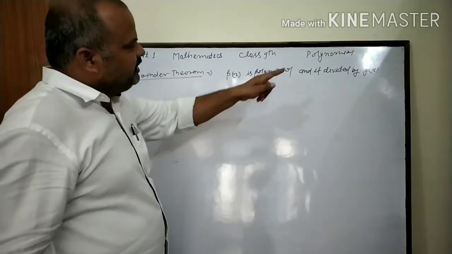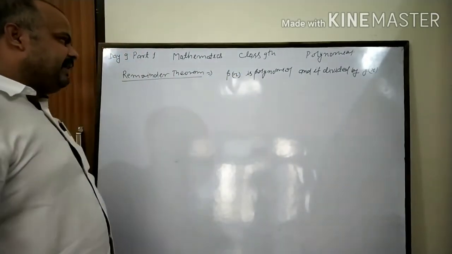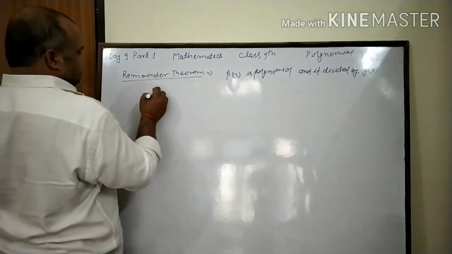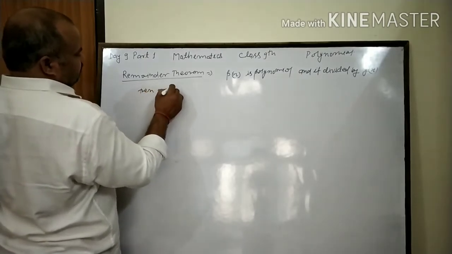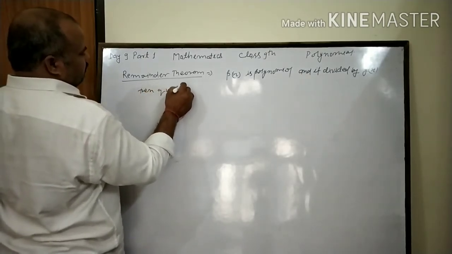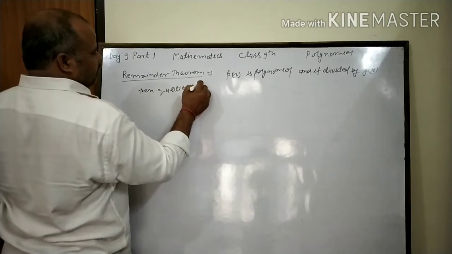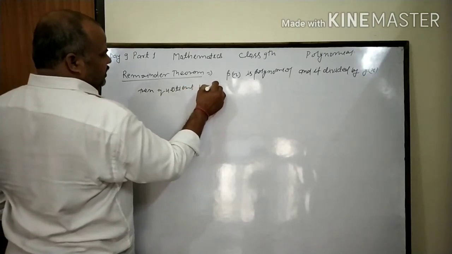This polynomial p(x) is divided by g(x). Then we have a quotient, the quotient being q(x).